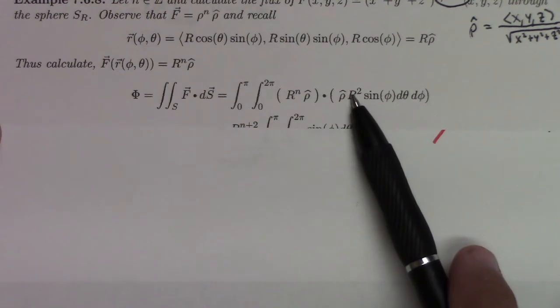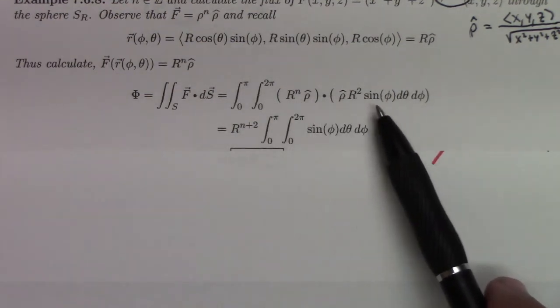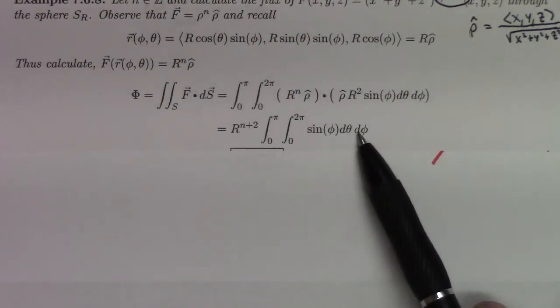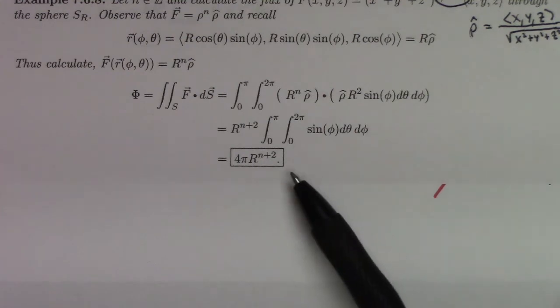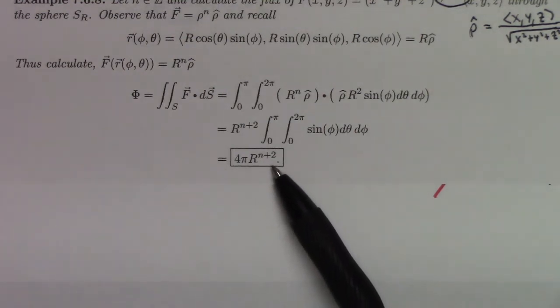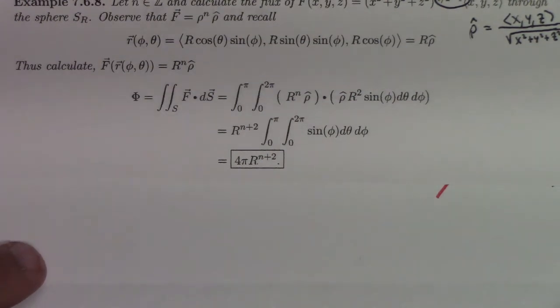Rho hat dot rho hat is 1, and we get r to the n plus 2 and an integral of sine phi d theta d phi. Now this integration works out to 4 pi, and so we get 4 pi r to the n plus 2, which is pretty neat, right?